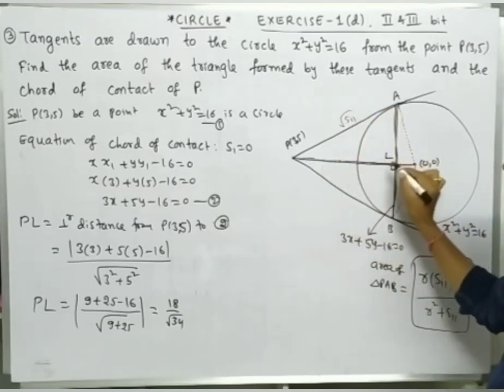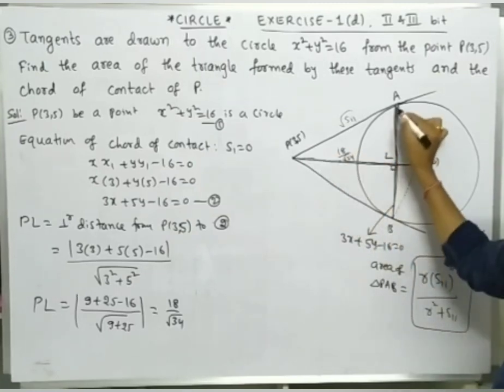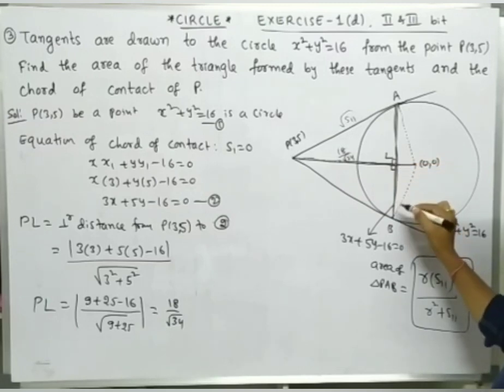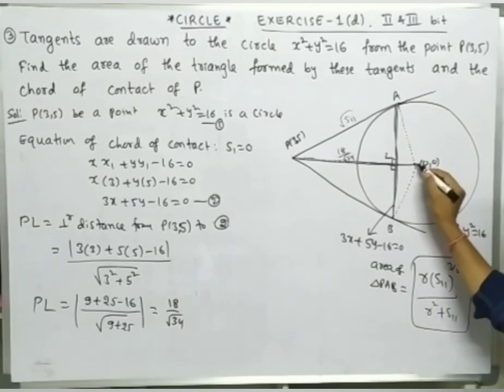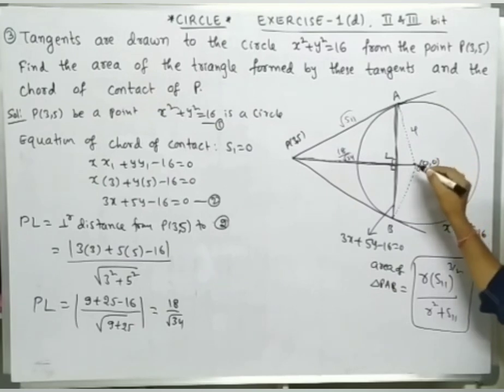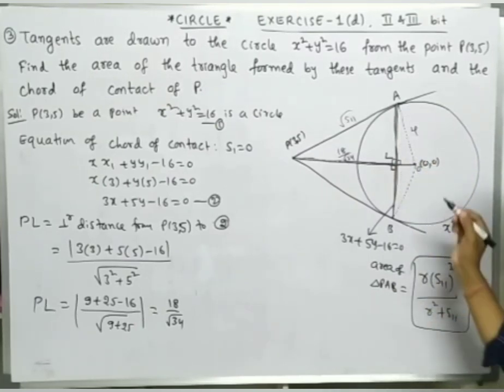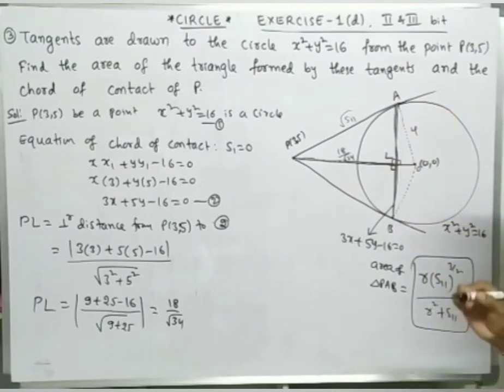Now we got this value as 18 by root 34. By using Pythagoras theorem we can find this height and double it, you will get the chord. Otherwise by using this triangle, we can find OL. We already got the radius, that is 4. By using Pythagoras theorem we can find that. So with any one of the methods you can find the length of the chord.